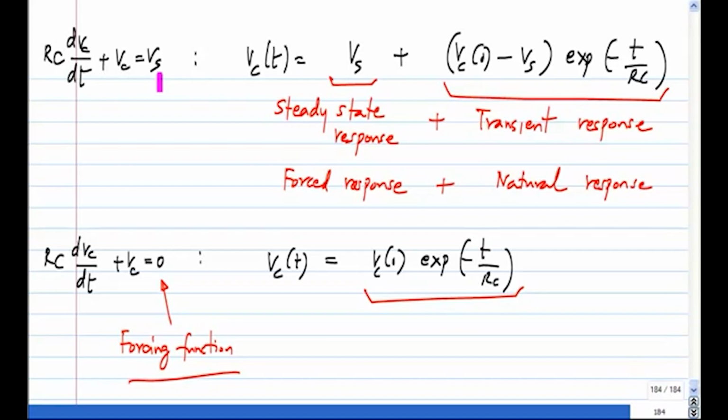I think in the terminology of differential equations, these things are called particular solution or particular integral, and this part is the solution to the homogeneous equation. Sometimes it's called the homogeneous solution, right?